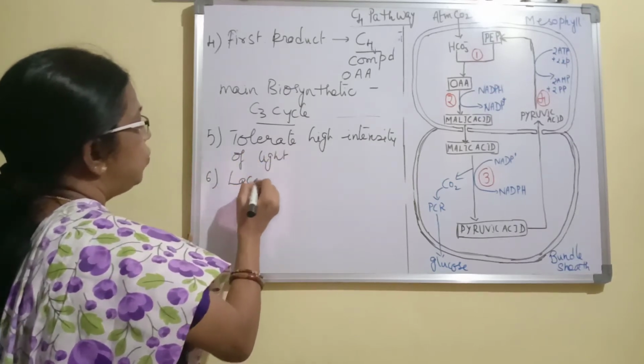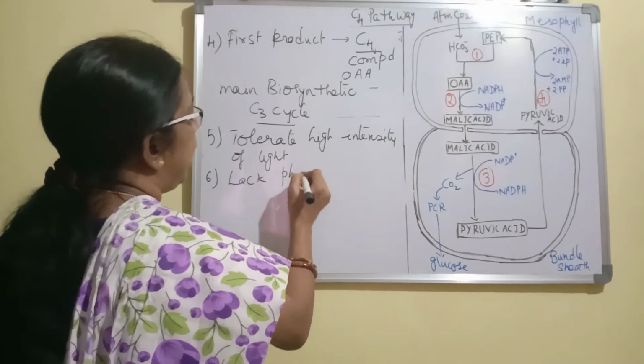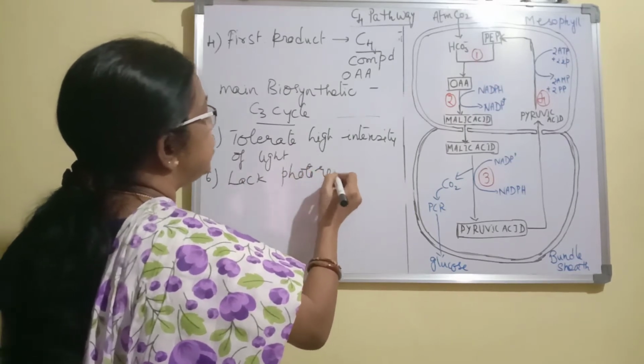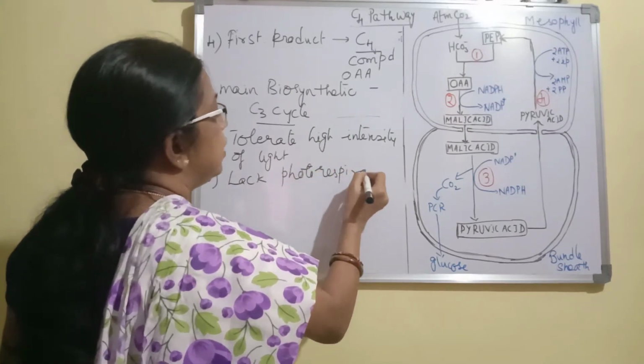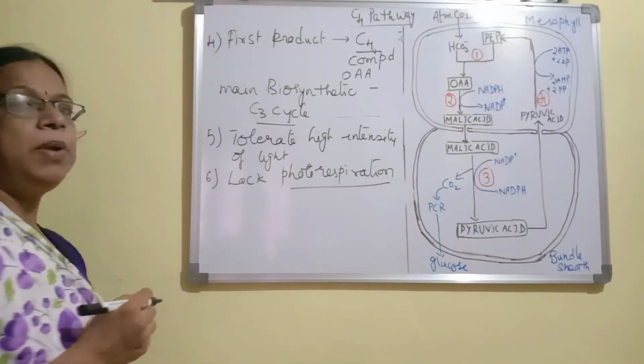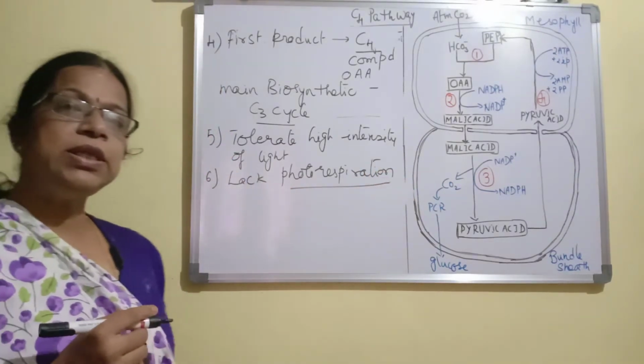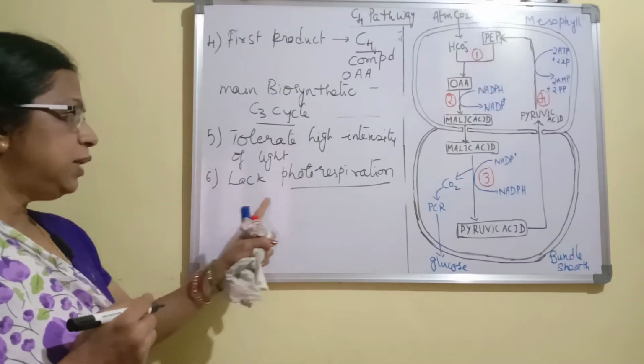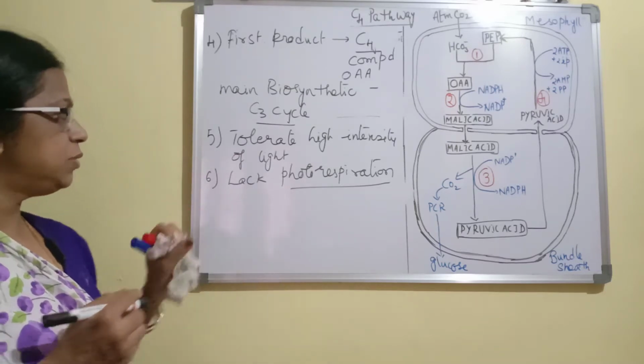They lack photorespiration, which is a process found in C3 plants and is a loss to photosynthetic yield. So these lack photorespiration.